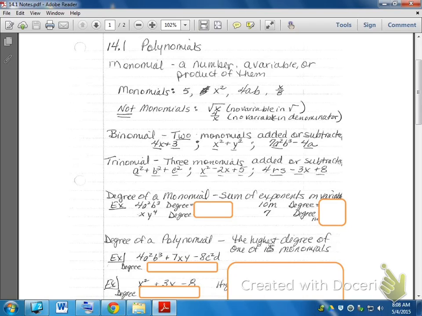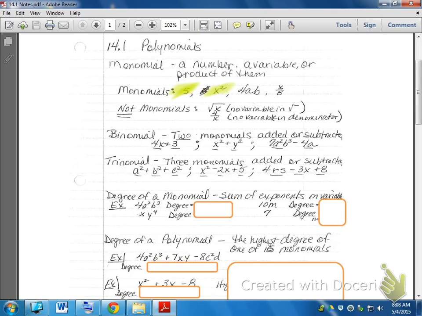So if you look at our monomials, we'll go through them. Just a plain number 5 is a monomial. It's called a constant monomial. A variable like x squared or x is a monomial.